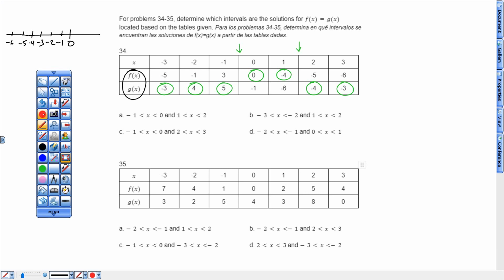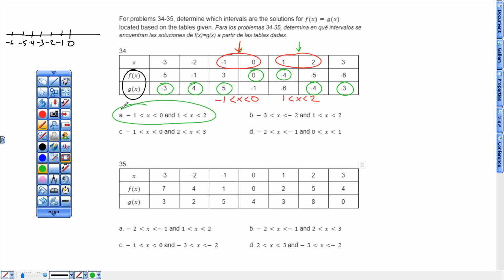And then once I find that switch, I use these x-axis numbers to describe that interval where that switch happens. So between -1 and 0, and then in this stretch between 1 and 2. So the right choice that has -1 and 0 and 1 and 2 is this guy right here. All right, next one.